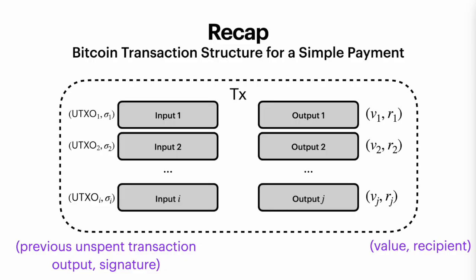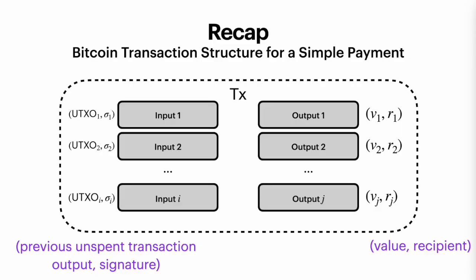Technically, this is a specification in Bitcoin script, but in the simple payments case, it's specifying, just, here's the public key of the recipient, and they need to present a valid signature to spend this particular output. The inputs are going to each reference a previous unspent transaction output, a UTXO, and they're going to unlock that output. Typically they're going to present a signature, this sigma sub 1, that can be verified using the public key specified in that UTXO.